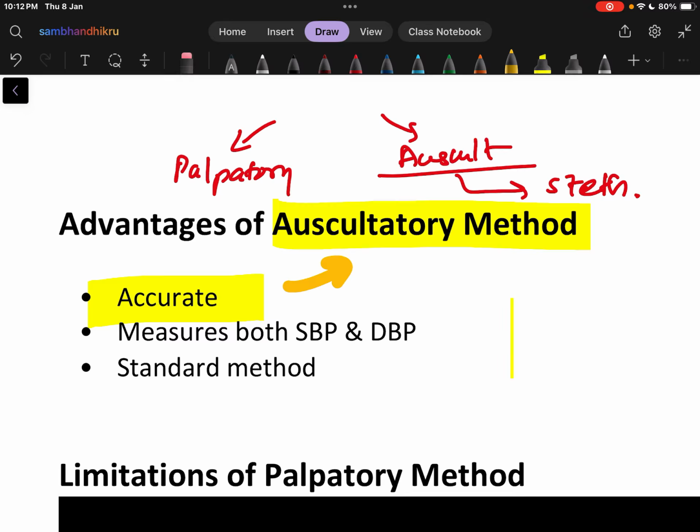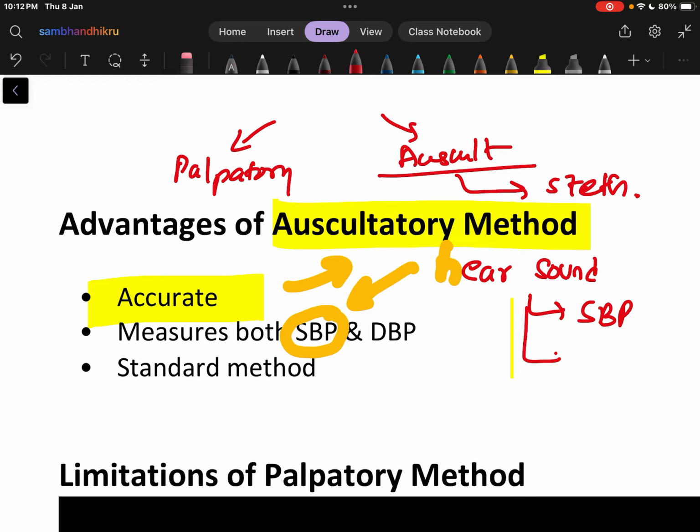That is the auscultatory method. So here you can measure the SBP, you can hear the sound, and you can also hear the sound of DBP.